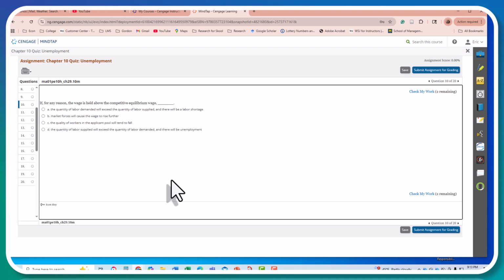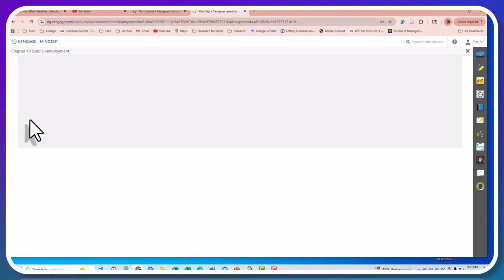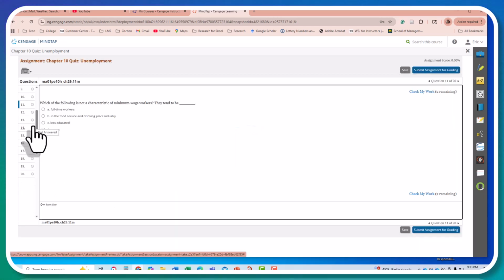If for any reason a wage is held above competitive equilibrium wage, still talking about that. I'll let you go through that in your textbook. The theory of efficiency wages is again on page 203, and that carries on for the next 2-3 pages.